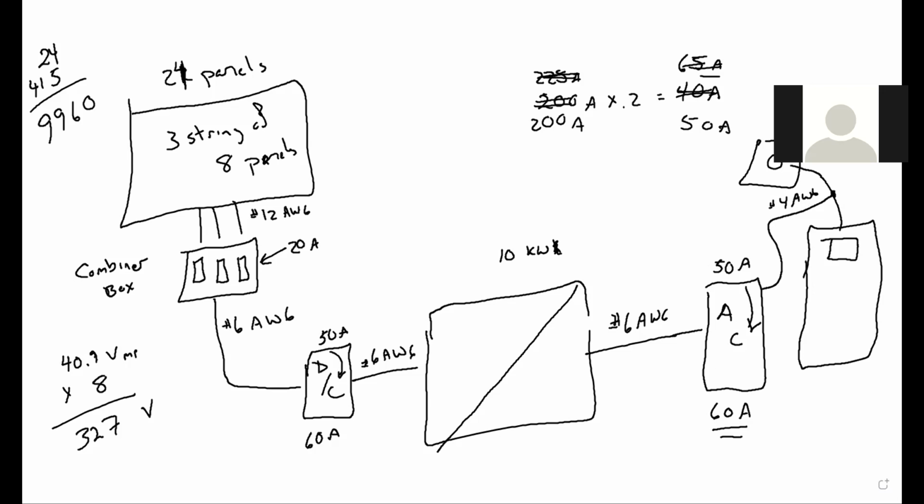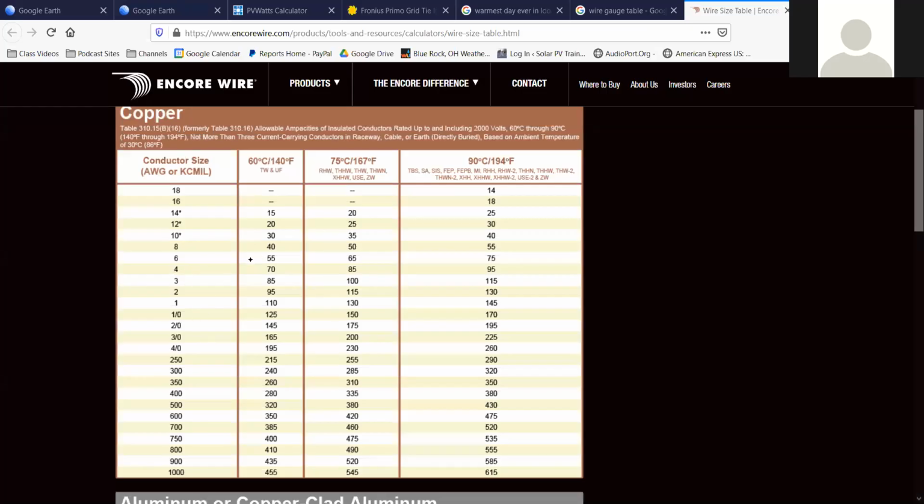And the reason for that is because you'll see in the table, oops, that's not the one. That's what I want. Yeah, in the minimum, 4 gauge is going to get us to 70 amps. We need a minimum of 60, so we'd have to go with a minimum of 4 gauge there.